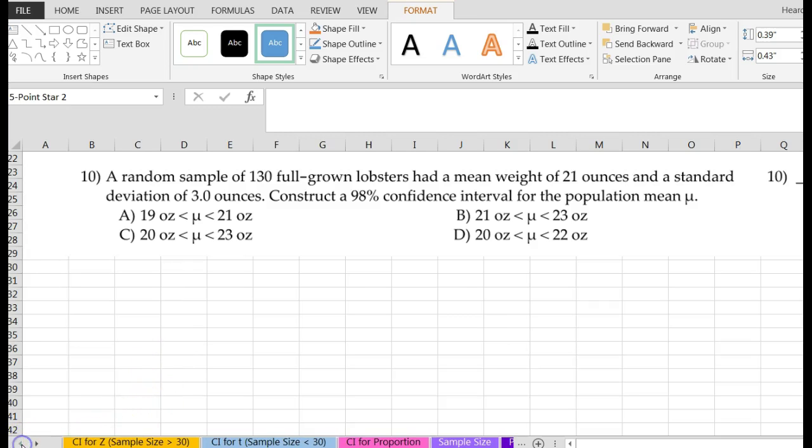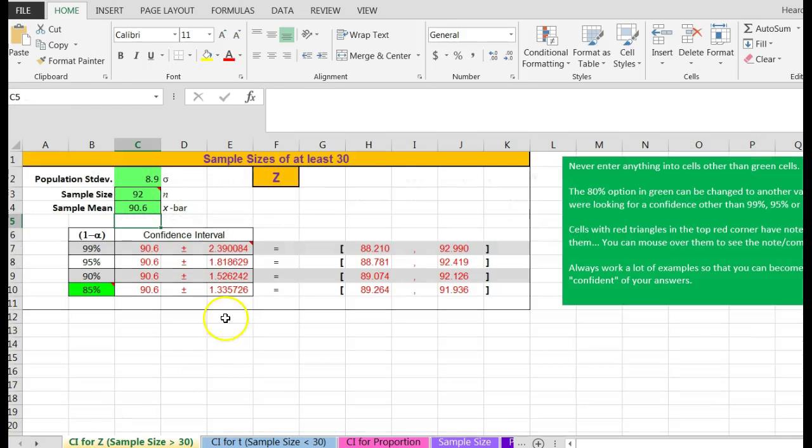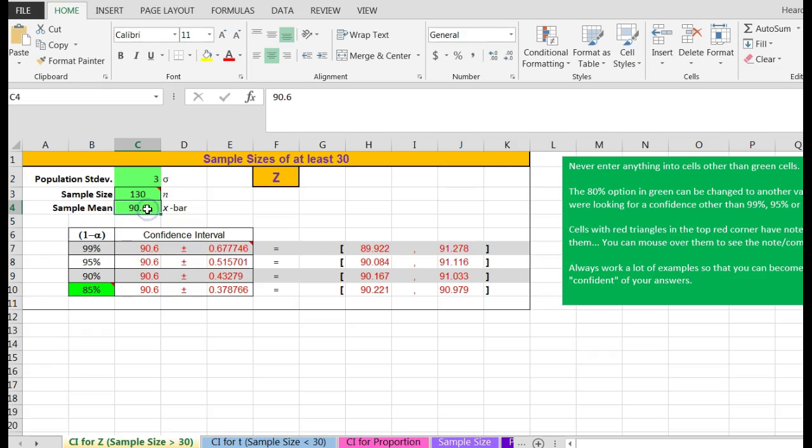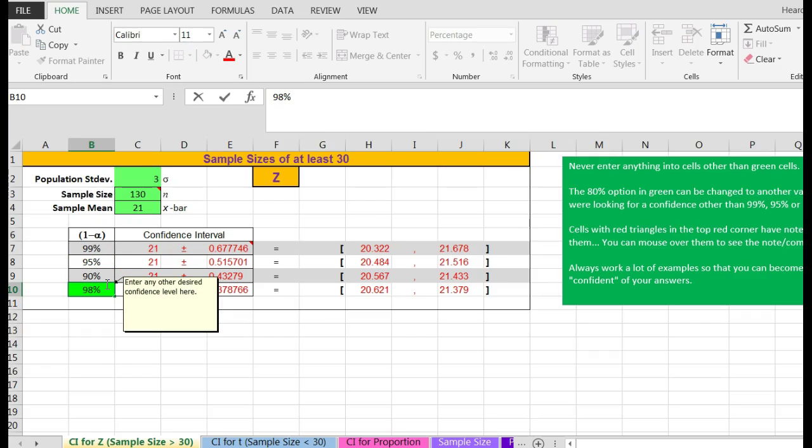So let me scroll down here on my Z. And I'm going to put in the population standard deviation, looks like it was 3.0. My sample size, 130. And my sample mean, was my sample mean 21? Boom. But they want the 98% confidence interval, so I have 99, 95, 90, so I need to put a 98 right there.